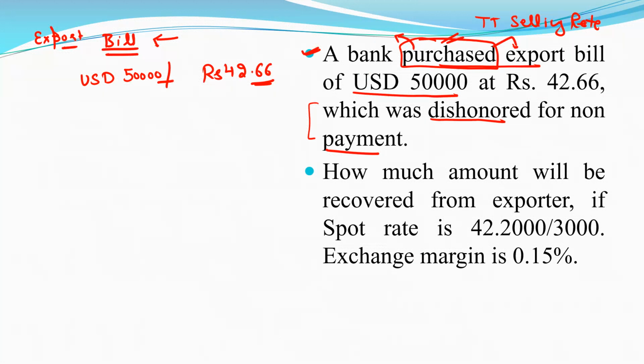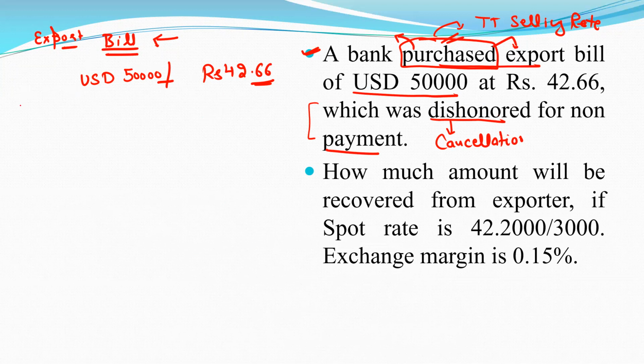We discussed this in our previous session. Basically, there is an opposite relationship in the case of cancellation or dishonorment. Here it is a purchase, so we will use the TT selling rate.